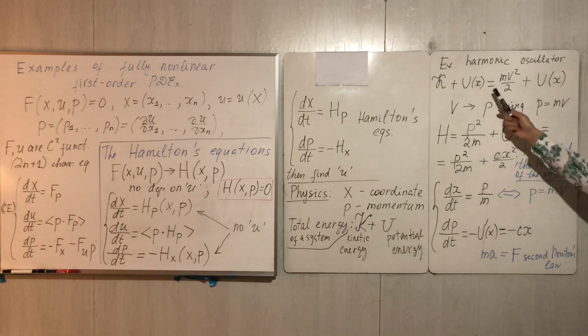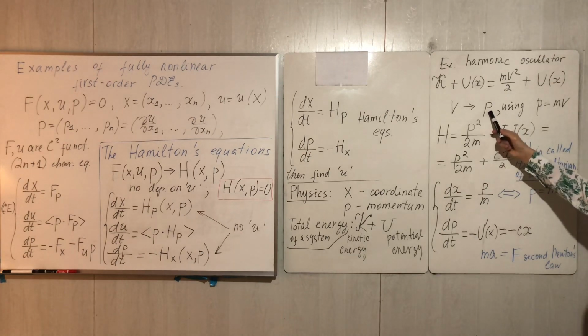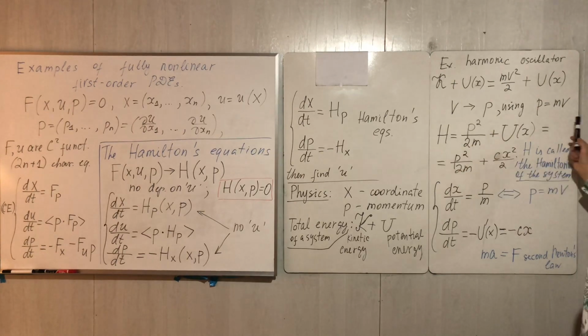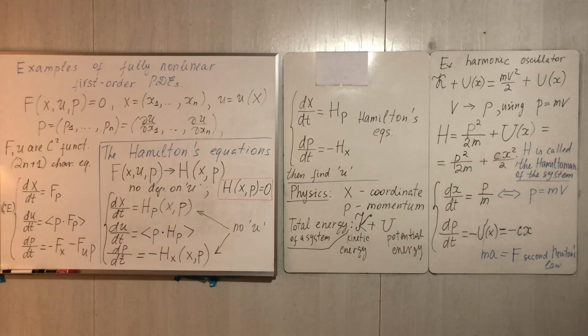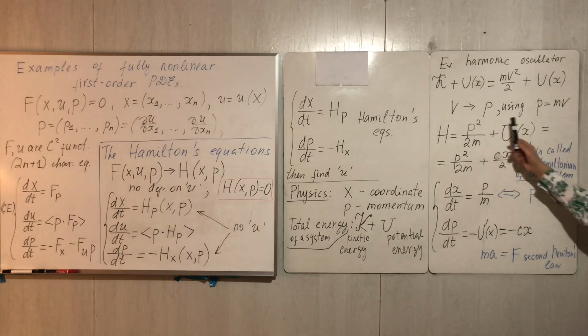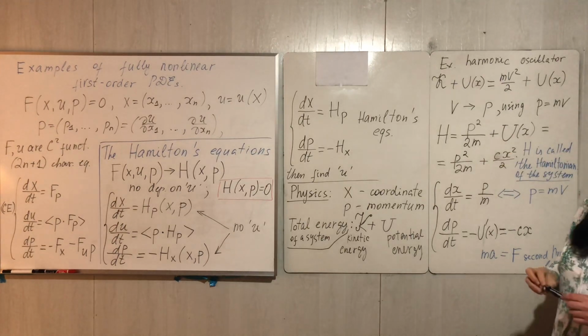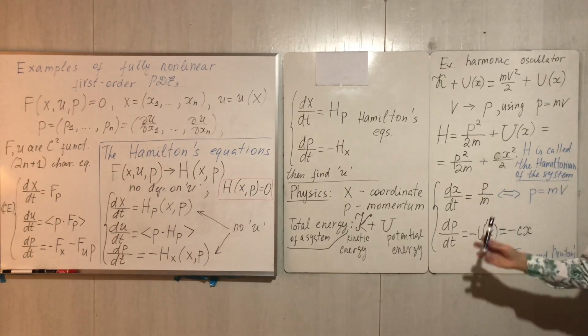So in this example, let's think of the one-dimensional case, right? So x is a one-dimensional coordinate, p is our momentum. So momentum equals mv. So if we replace v with p, then the total energy written in terms of p and x, momentum and our coordinates, is called the Hamiltonian.